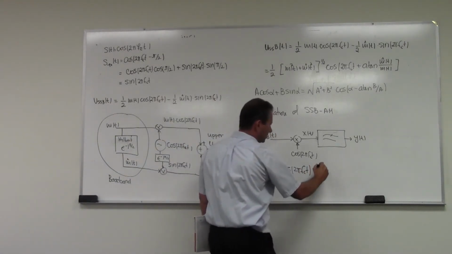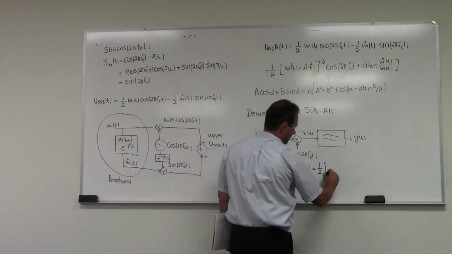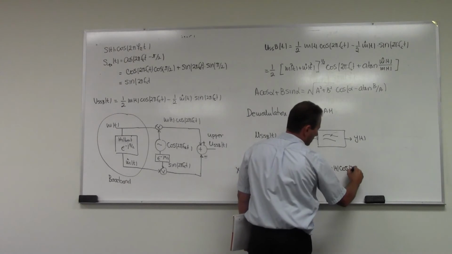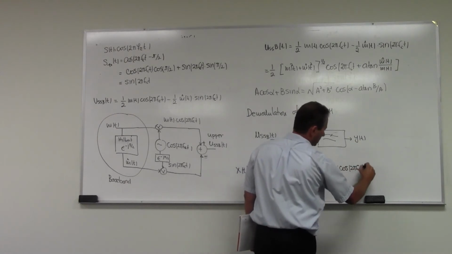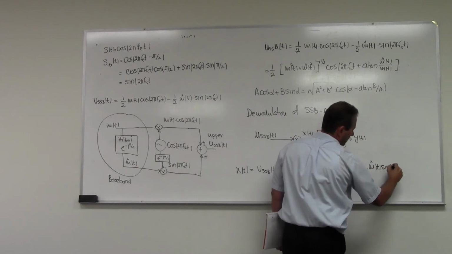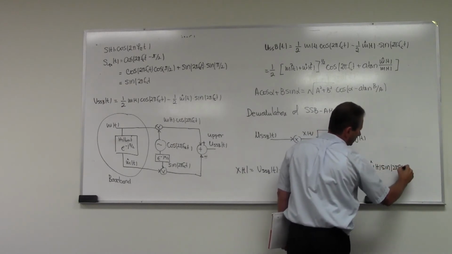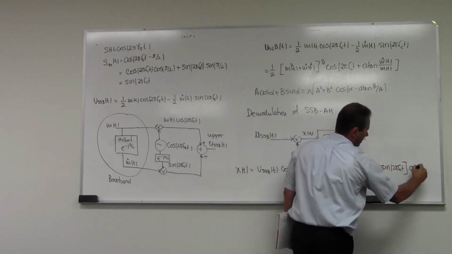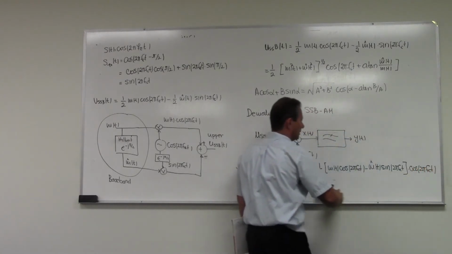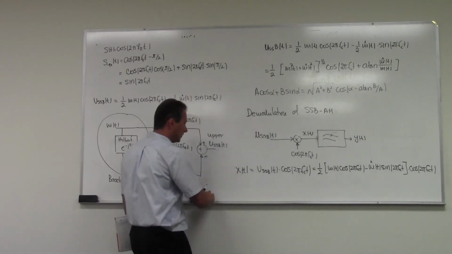So let's substitute what this means. This is 1/2 of m of t cosine 2 pi f_c t minus m hat of t times sine 2 pi f_c t, and then times cosine of 2 pi f_c t.